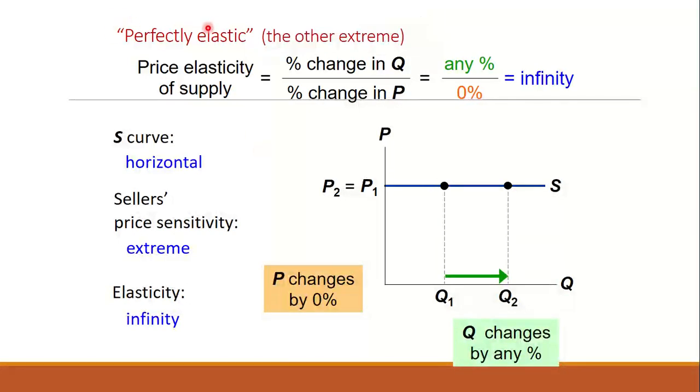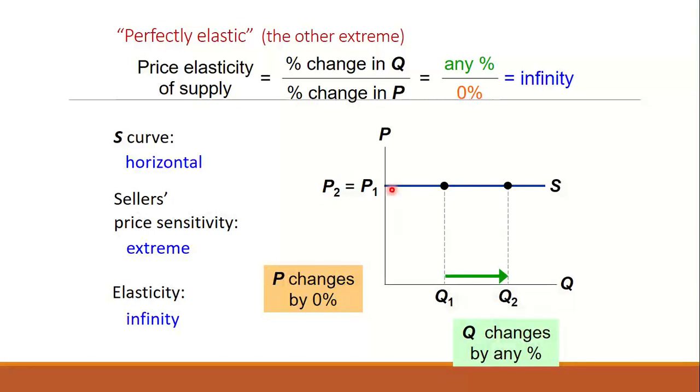Now comes perfectly elastic supply, the other extreme. Here the supply curve is horizontal, the seller's price sensitivity is extreme, and elasticity is infinity. If price changes by 0%, you can see that the price is constant. P1 is equal to P2.